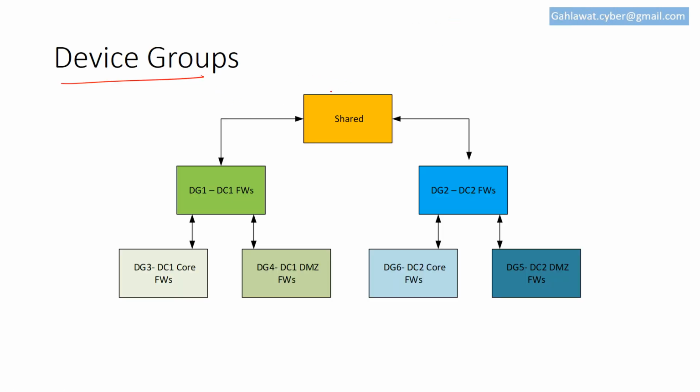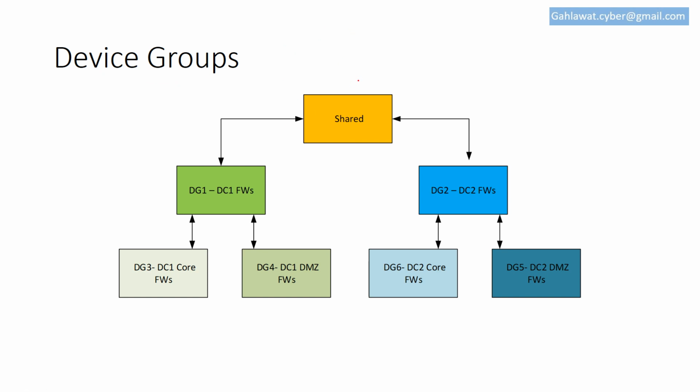Now we have already seen this block diagram in one of previous sessions, and these are the different device groups, or the device group hierarchy, which we will use to manage the 4 firewalls in our lab.